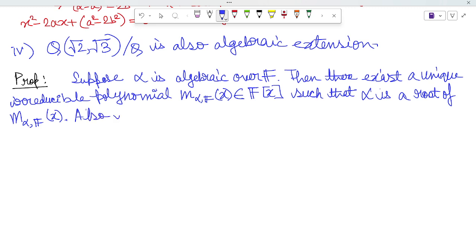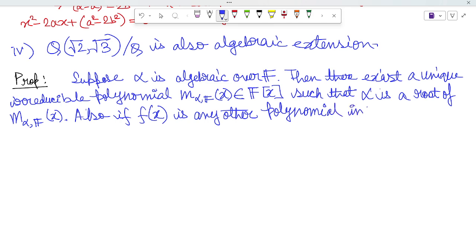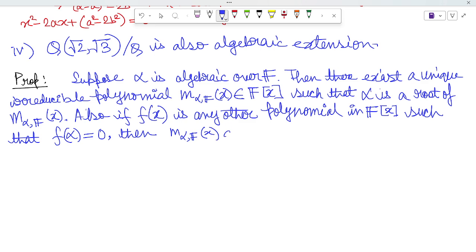Also, if f(x) is any other polynomial in F[x] such that f(alpha) is 0, then m_alpha(x) divides f(x).